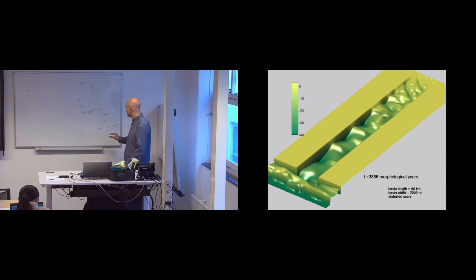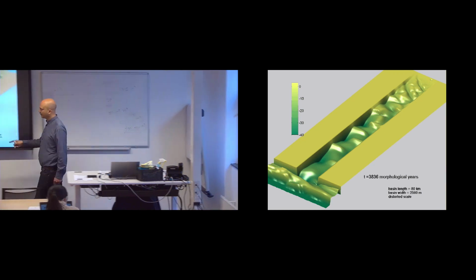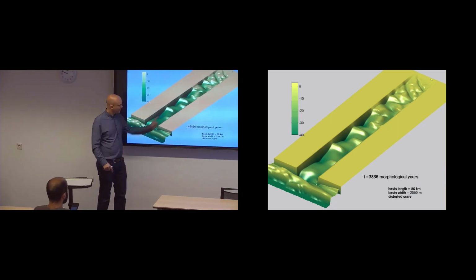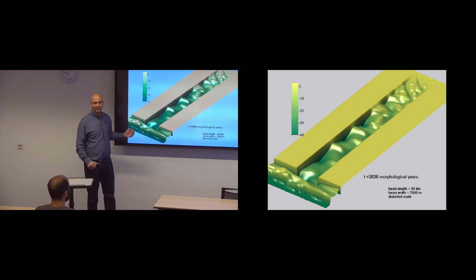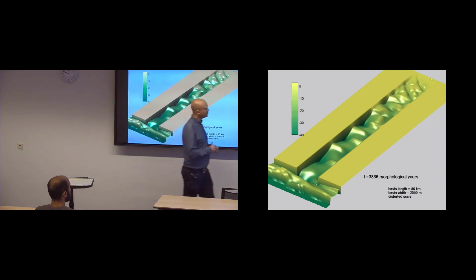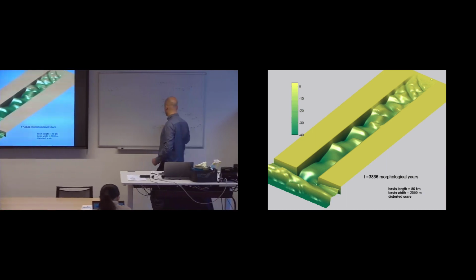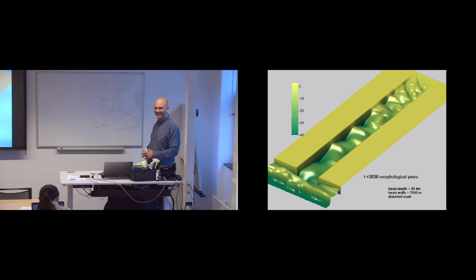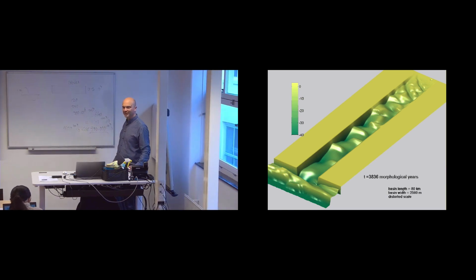So this is the discharge, the tidal discharge through this cross section. Back and forth. And the river discharge is 500 cubic meters per second. So that is much smaller than the tidal discharge.